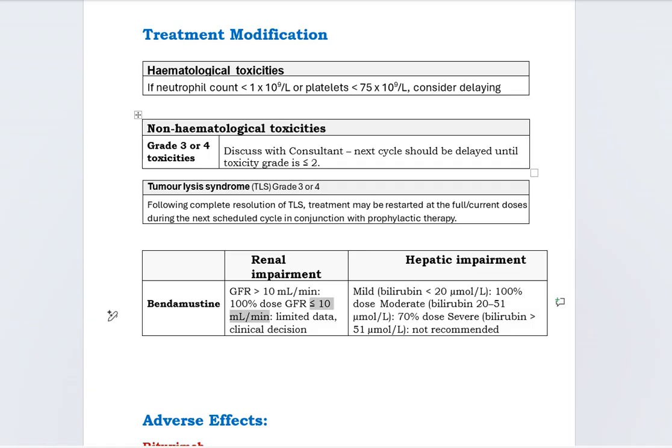GFR less than or equal to 10 milliliters per minute: limited data, clinical decision. Mild hepatic impairment, bilirubin less than 20 micromoles/L: 100% dose. Moderate, bilirubin 20 to 51 micromoles/L: 70% dose. Severe, bilirubin greater than 51 micromoles/L: not recommended.